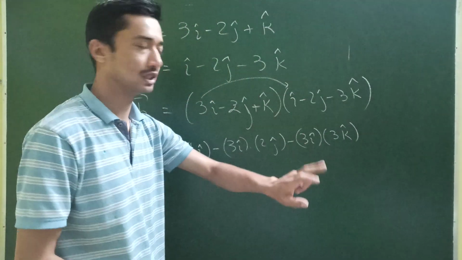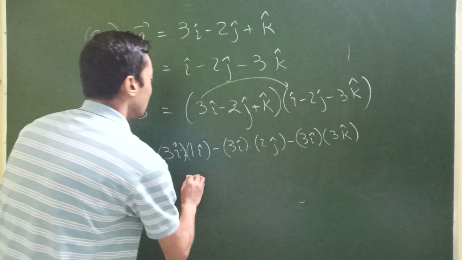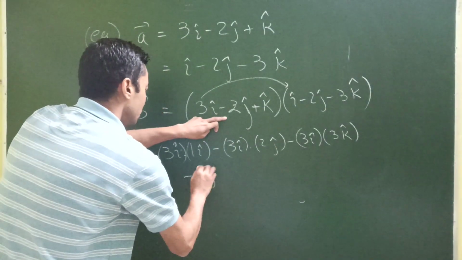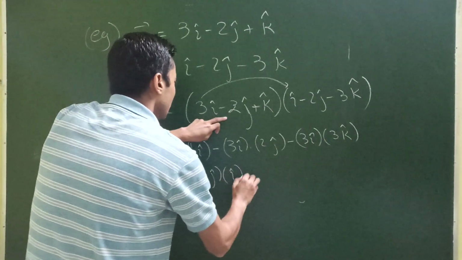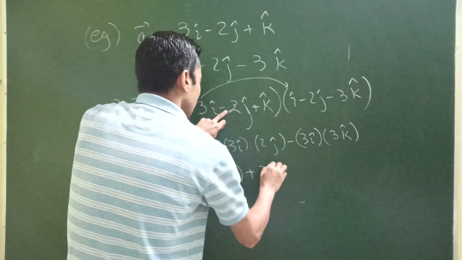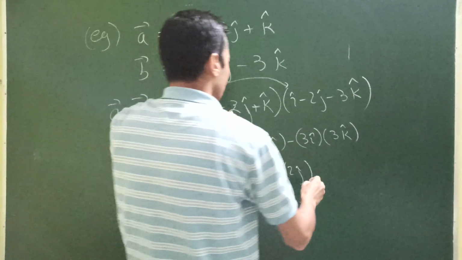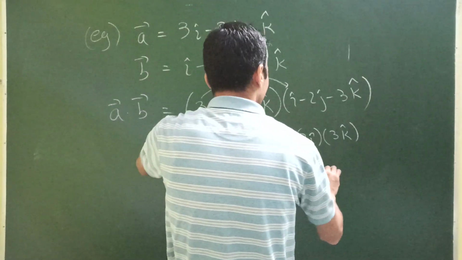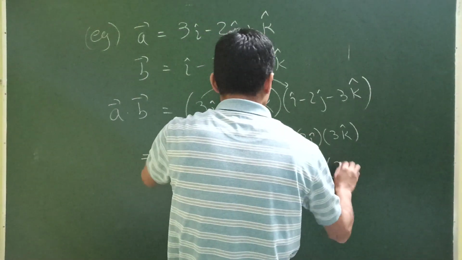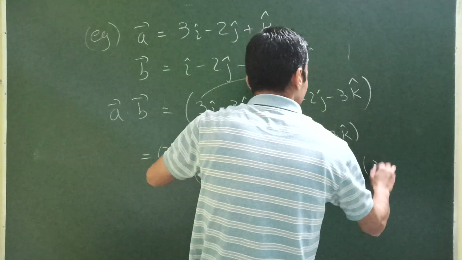I'm just going for the plus and minus directly. Similarly, minus 2j dot i, plus 2j dot 2j, plus 2j dot 3k.